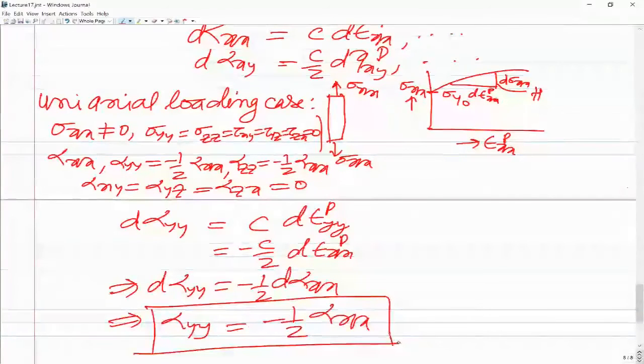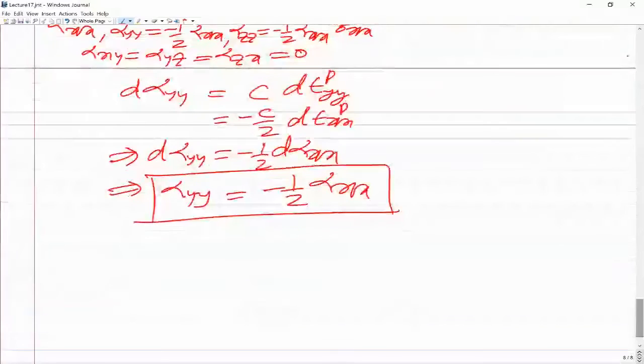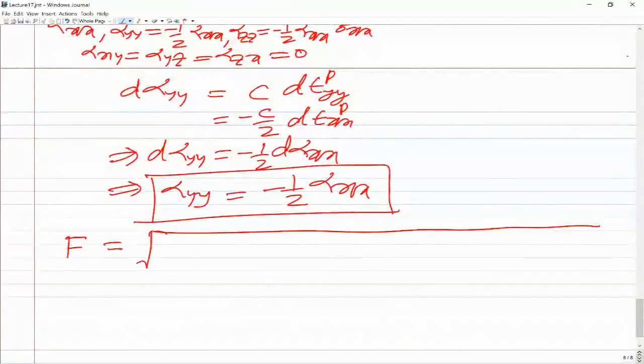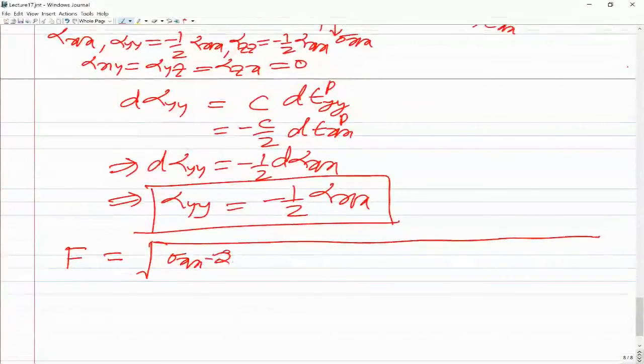Similarly alpha zz is minus half of alpha xx. Now for this uniaxial loading case alone, if you look at the yield function f, it is going to be sigma xx minus alpha xx whole square, plus sigma yy minus alpha yy whole square.